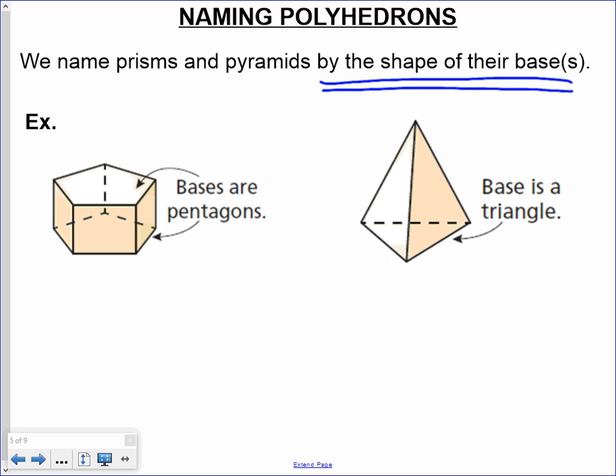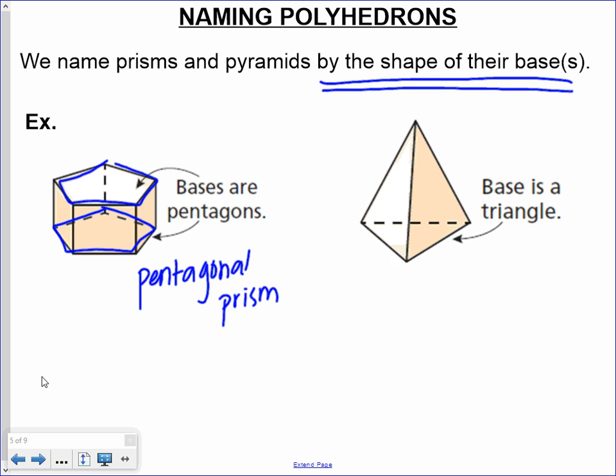Now, the base, and I try to put this in the simplest terms, is whatever shape you have only 2 of. Those are your bases. So in this case, our bases are these pentagons. That's the only thing we have 2 of. So we would call this a pentagonal prism. It's a prism, and then the shape of its bases are pentagons.